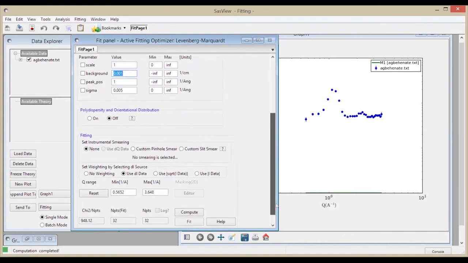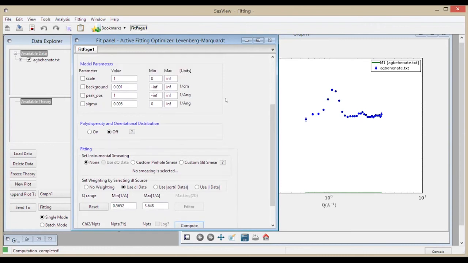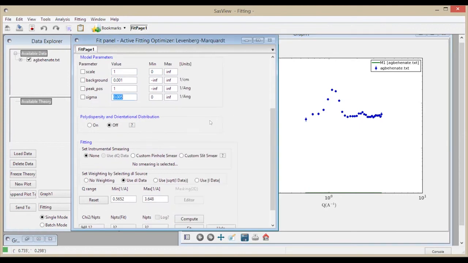And then we compute. And what do we have? Do we have something? No, we don't have anything. This was too small.